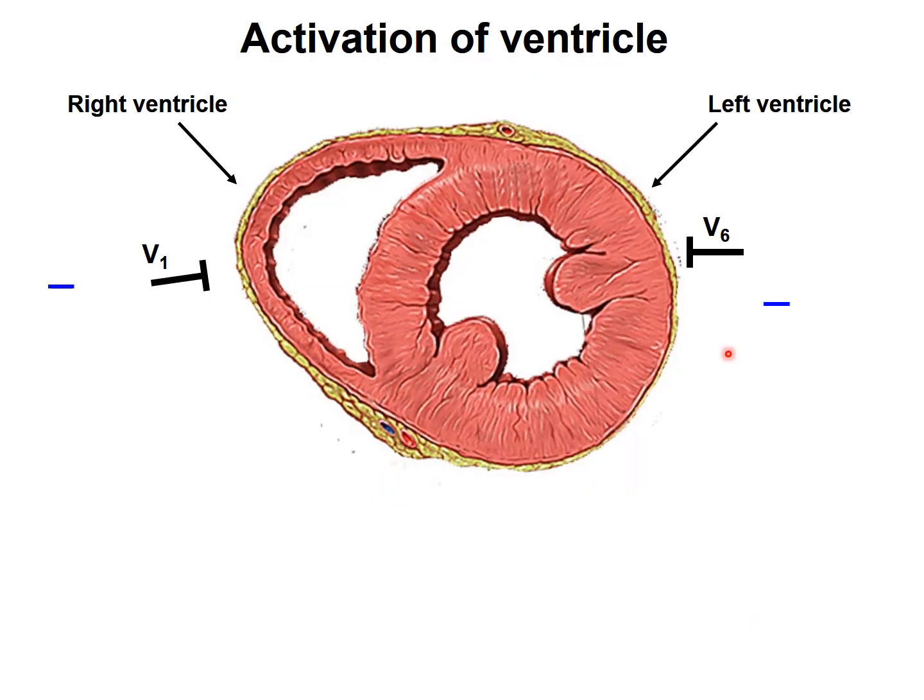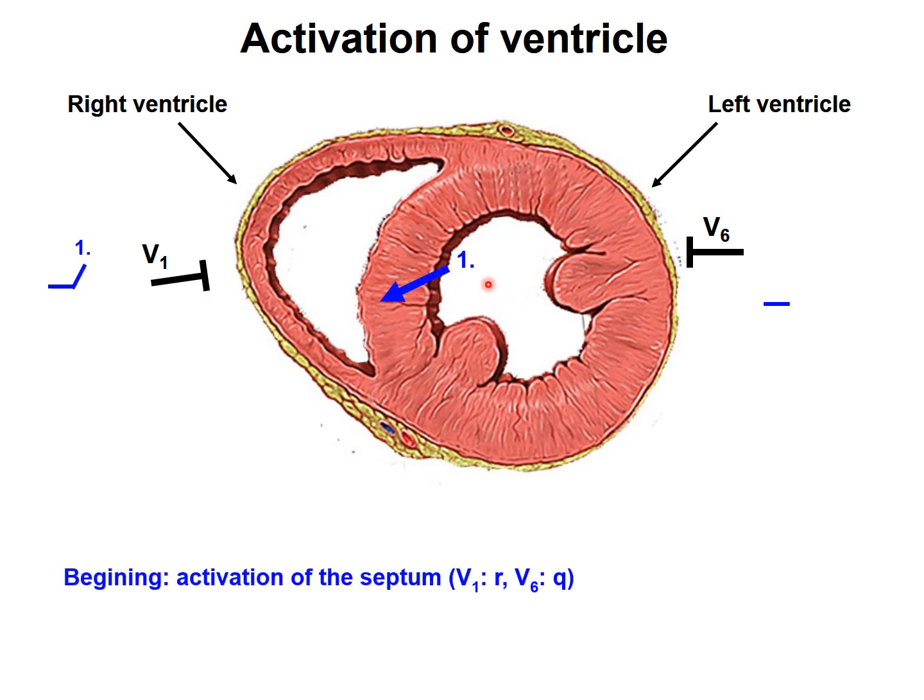The normal activation of the ventricle. If we're looking at the chest leads, V1 usually represents the right side of the ventricle, while V6 represents the left ventricle. The first thing that is going to depolarize is the septum. The septum is activated from the left bundle.